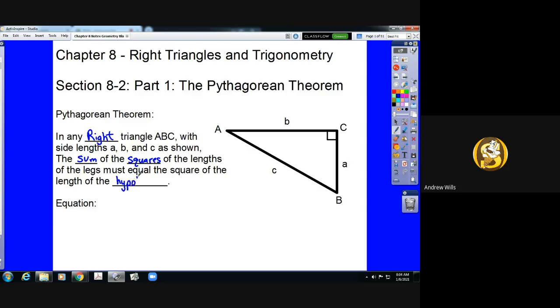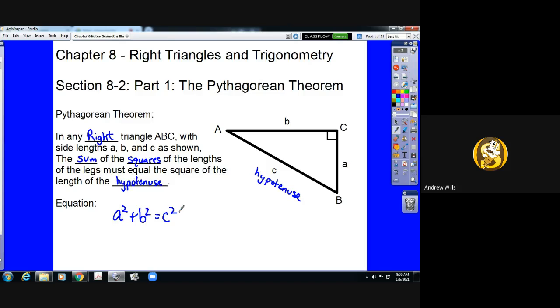Now that's a really fancy way of saying that in any right triangle, if C is the hypotenuse, then A squared plus B squared equals C squared.